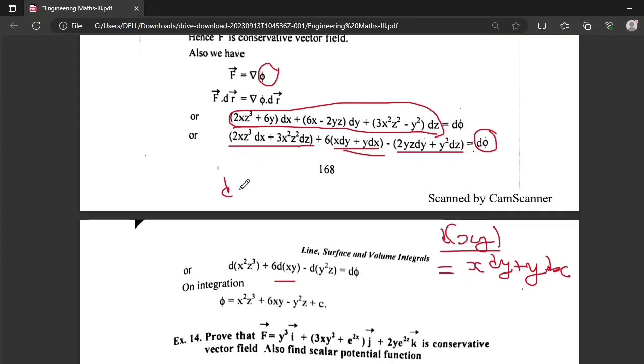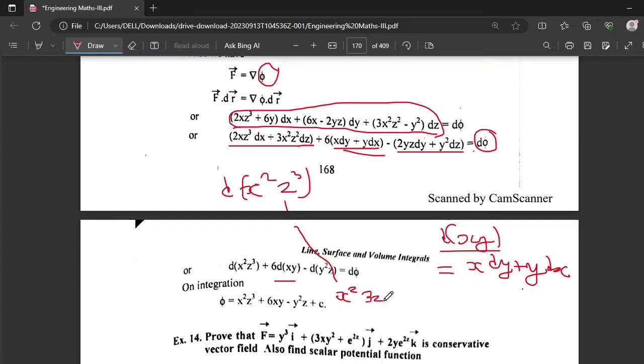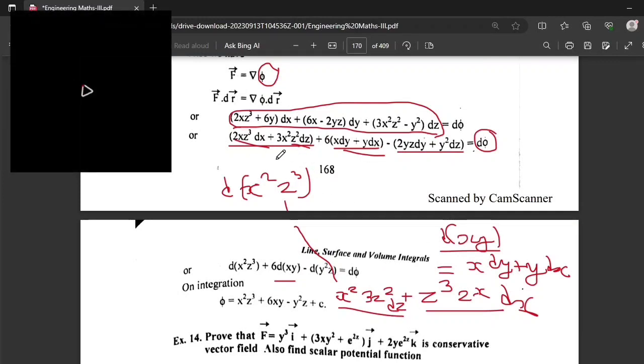The derivative of x²z³: first function as it is, derivative of second is 3z² dz, plus second as it is, derivative of x² is 2x, so 2xz³ dx and 3x²z² dz. So this is the same thing as d(x²z³).